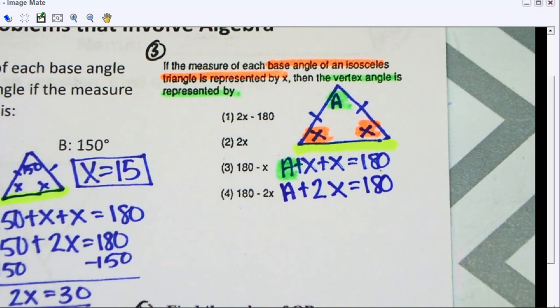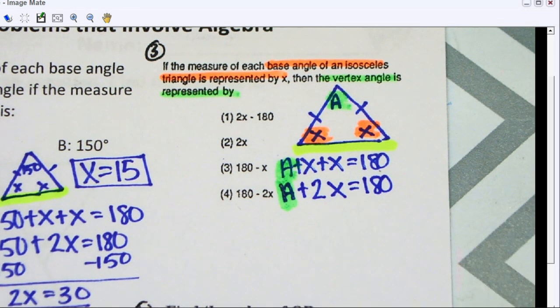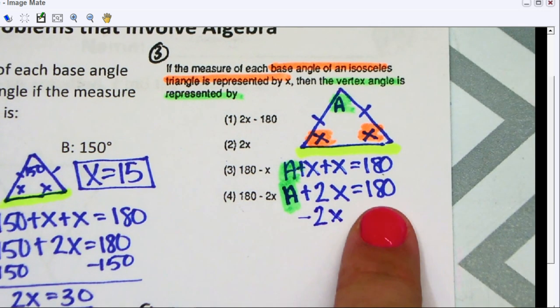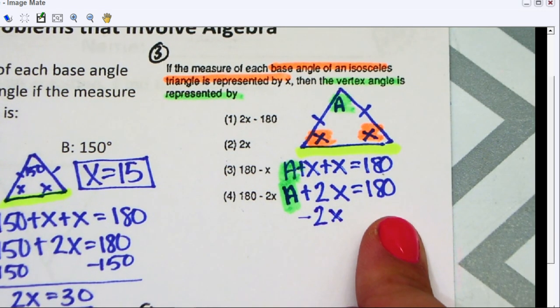Now I still want to solve for A. So how do I get A alone? Subtract it. What am I going to subtract? The 2X, yeah, I'm going to move the 2X. Can I make minus 2X underneath 180? No, those aren't like terms.